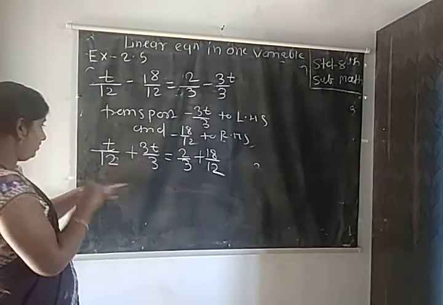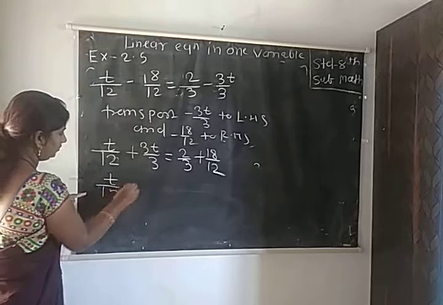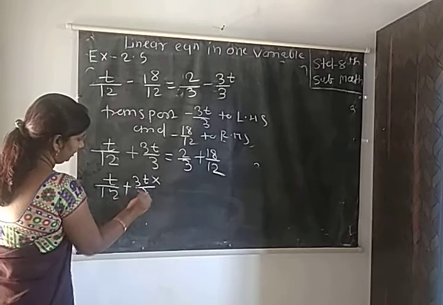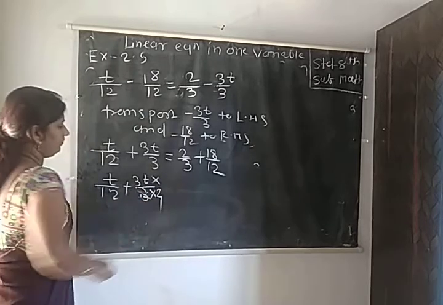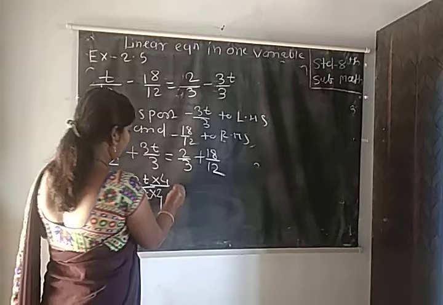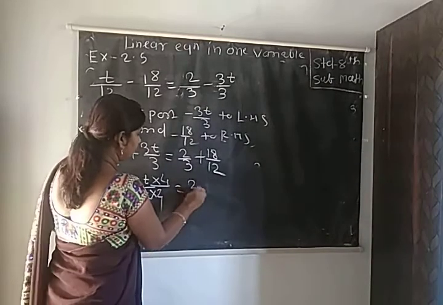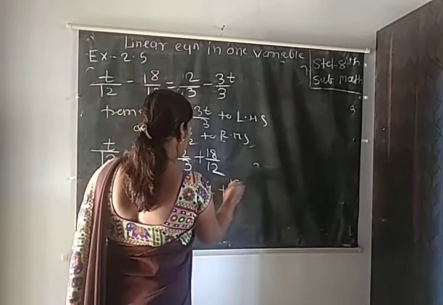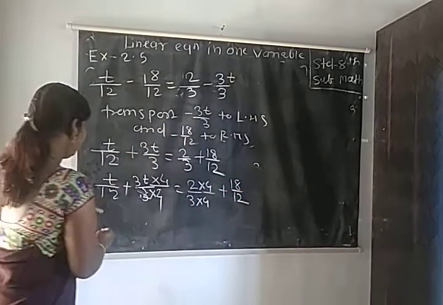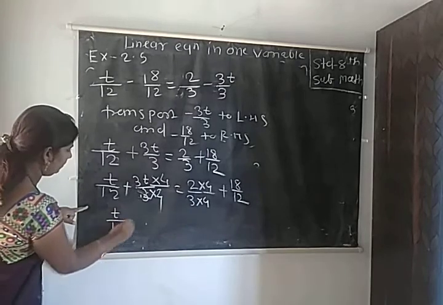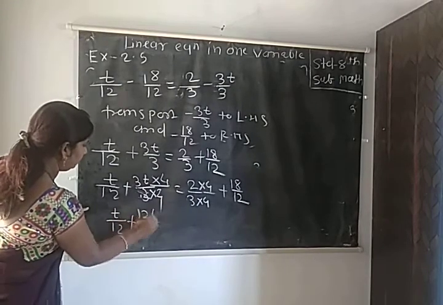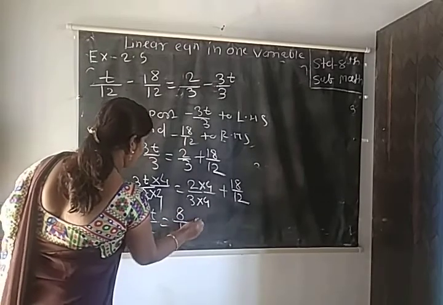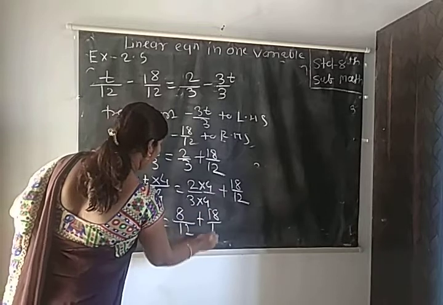So make the denominator the same. So t upon 12 plus 3t multiplied by 4, multiply by 4 and the denominator will be the same, and then 3 and 12. So 3 times 4 is 12, 2 times 4 is 8, plus 18 upon 12. Then t upon 12 plus 12t upon 12 is equal to 8 upon 12 plus 18 upon 12.